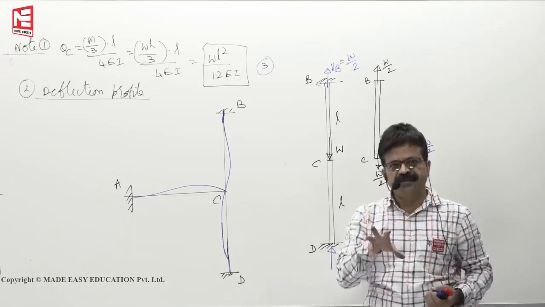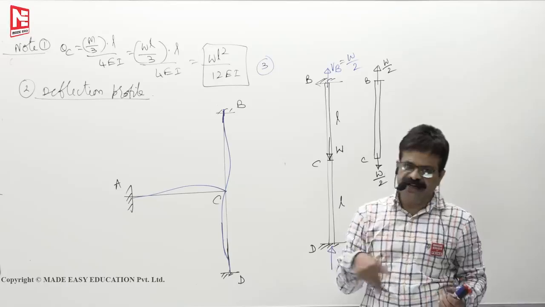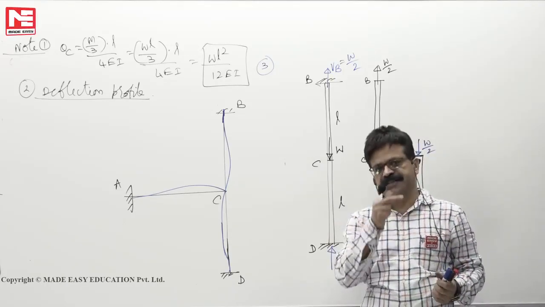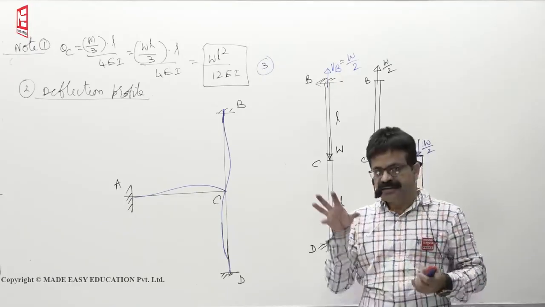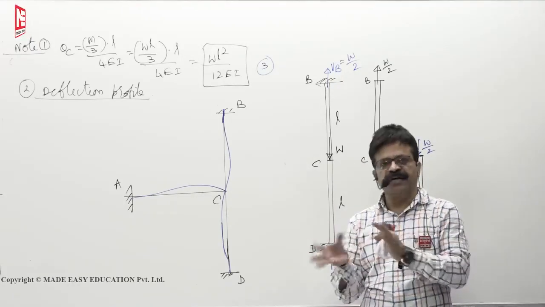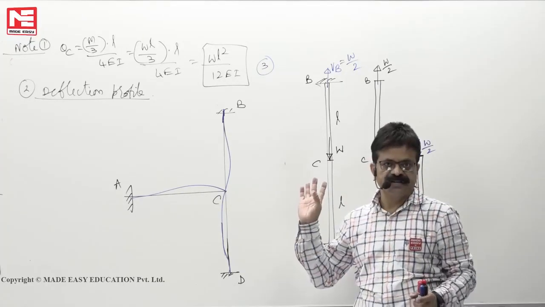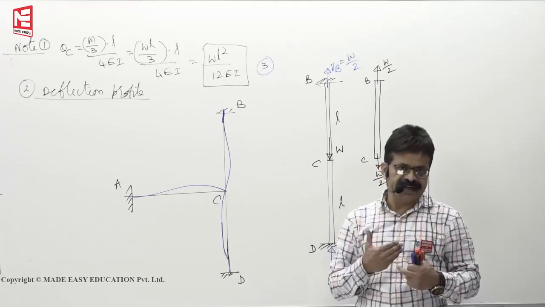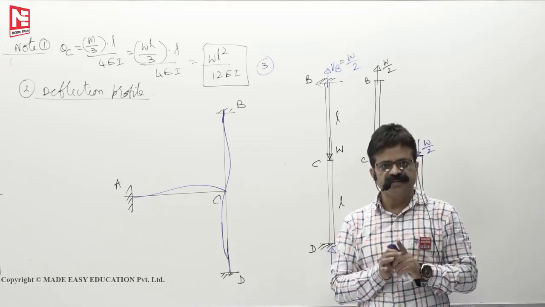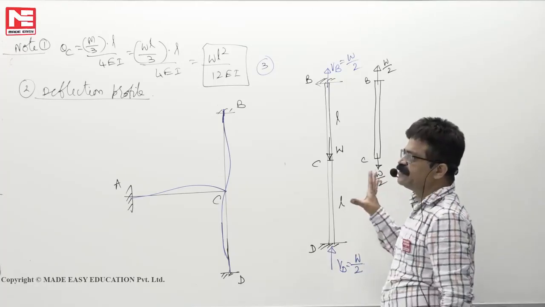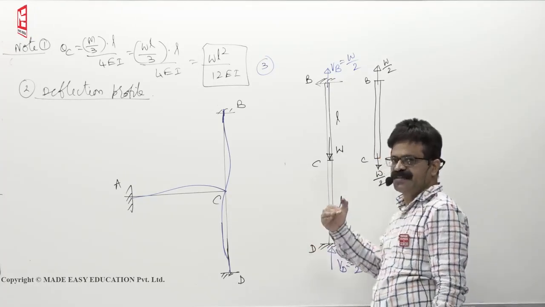Then clockwise rotations, clockwise end moments, we take them positive. Anti-clockwise rotation, anti-clockwise end moment, we take them as negative. That anti-clockwise negative, clockwise positive, you will do only when you are distributing the end moments. But when you are drawing the bending moment diagrams, then sagging positive, hogging negative only we have to take. Okay. So this is the basis for the moment distribution method and corresponding assumptions.